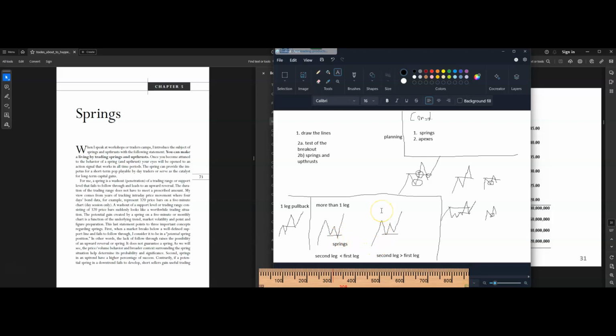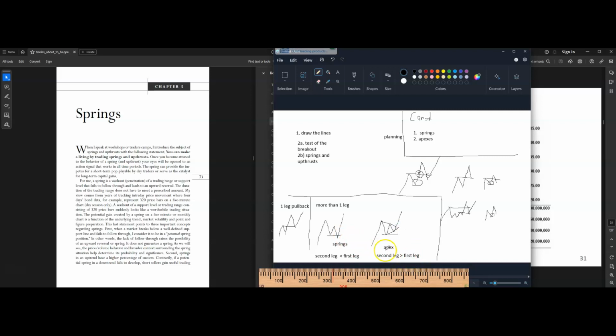And the second scenario is it's higher. When it's higher, you can form a triangle. So we'll call this the apex. Where's the triangle? It's basically this.